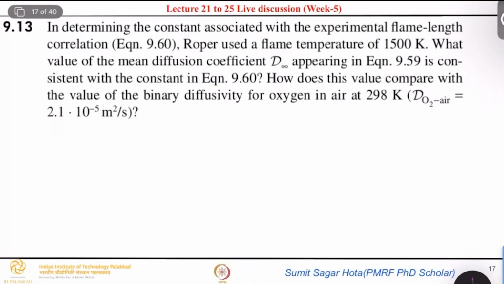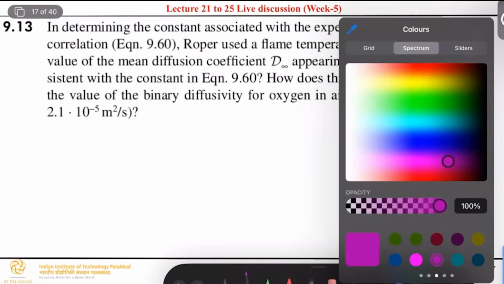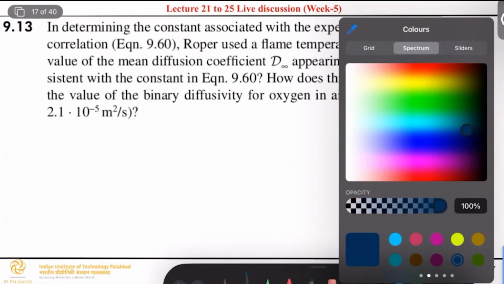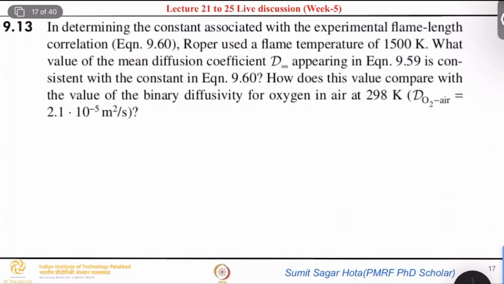Is it the same, greater than or less than, we have to just check it. Let's see what things are given.